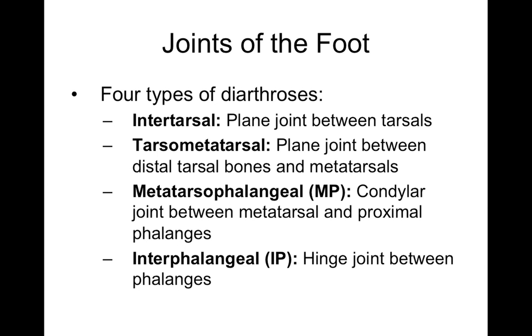That makes sense, right? How about where the metatarsals meet the digits or phalanges? Yeah, metatarsophalangeal joint. How about between all of your digits, like between all the phalanx of your digits? Interphalangeal joints, aka IP joints. So they're basically just named for what they're between. So it's pretty straightforward. Again, like all these other joints, they're supported by a lot of ligaments, and they're synovial joints because they're freely movable.